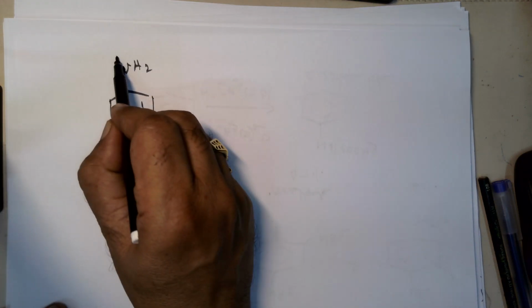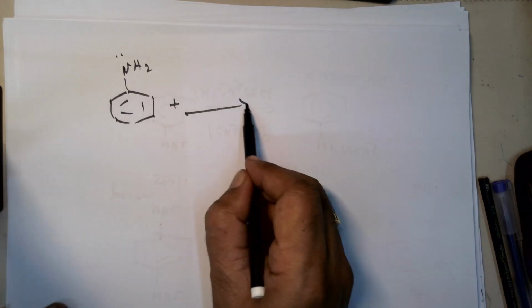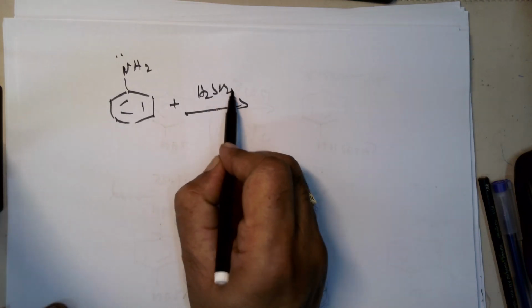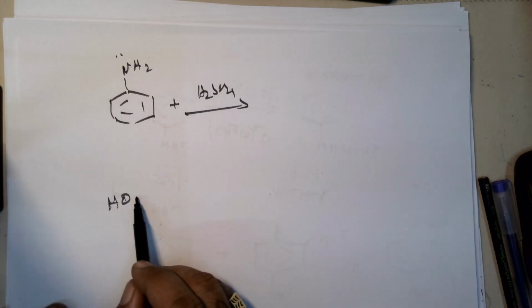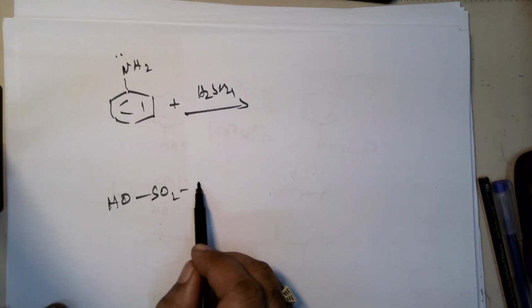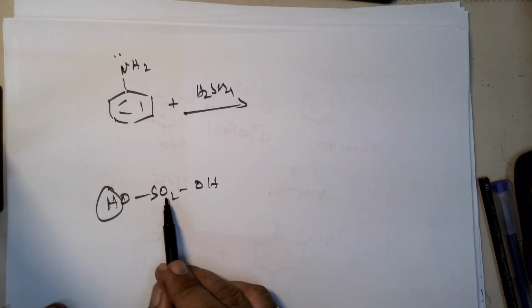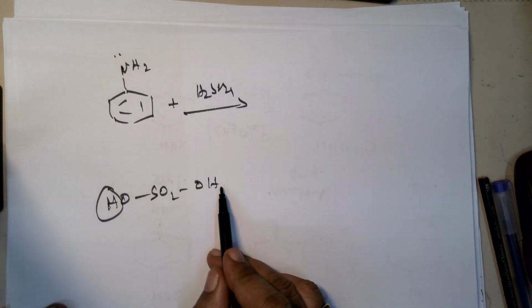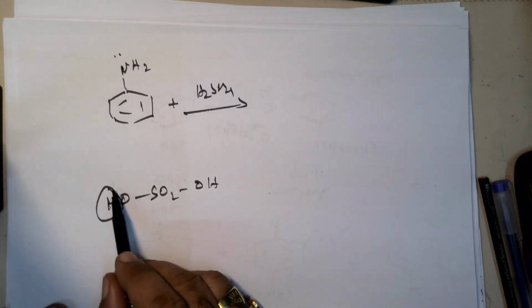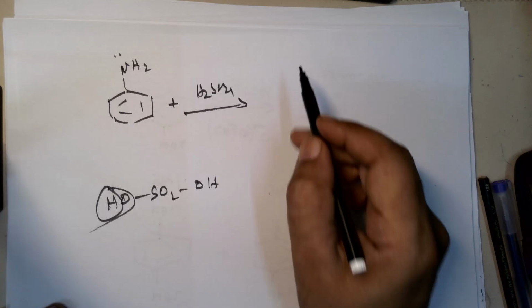NH2, on reaction with sulfuric acid, usually sulfuric acid can be written as HOSO2OH. So here this H is replaced, and that is why you are able to get SO2OH. OH is released, SO2OH.